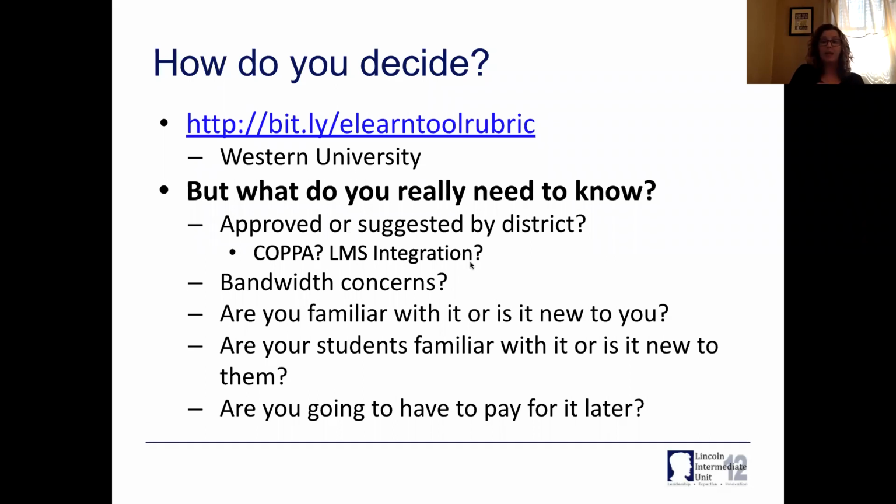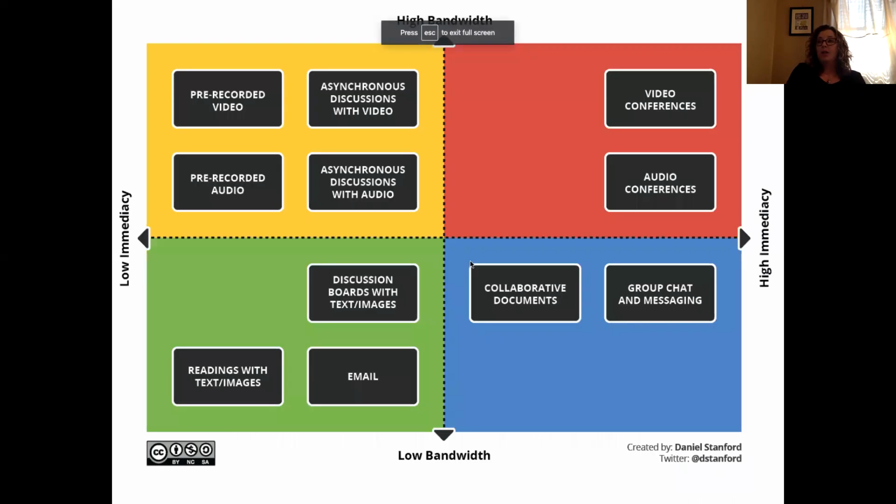We want to try to use tools that we know we're going to have access to later, whether our district subscribes to them or they are always free. So I see the question in the chat, and this is exactly where I'm going. How do we know how to plan for bandwidth? So this particular chart by Daniel Stanford is a fantastic resource that I would use as a guide.